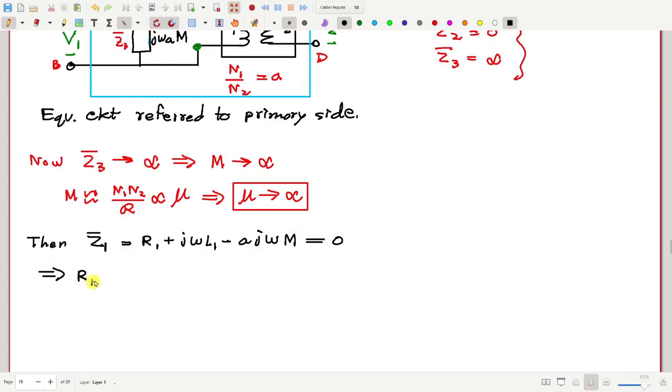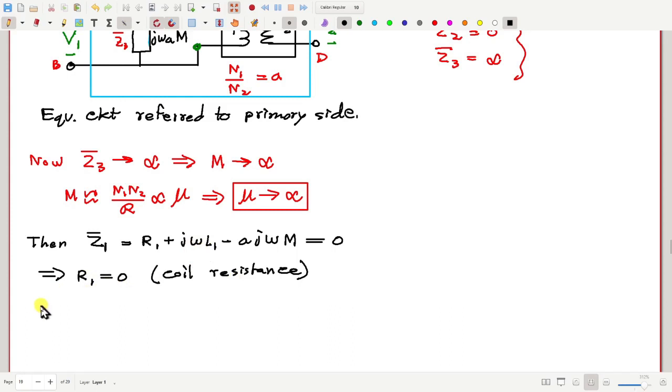Number one, R1 should be 0. That means the resistance of the coil should be very small. That is another assumption required for a transformer to behave ideally. So coil resistance 0, practically very small.